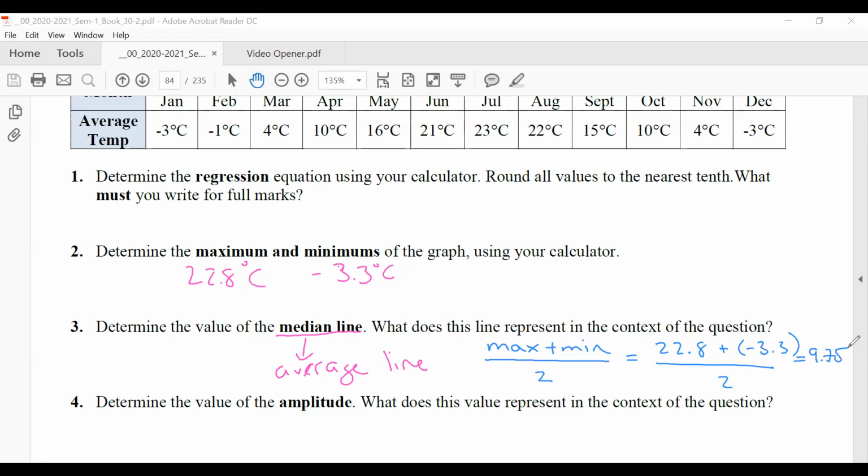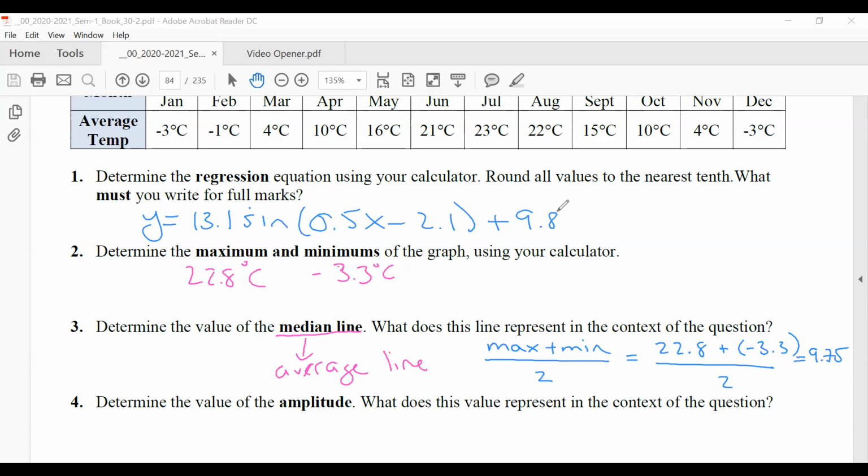Okay, interesting. I'm just going to write down this equation again here at the beginning because it disappeared when I shared my screen. Okay, what does the median value represent?